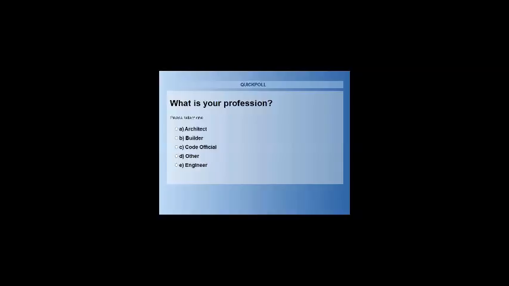Absolutely. All right. So our first poll question, as always, is what is your profession? Are you an architect, builder, code official, other, or an engineer? You can see I actually had to do these a little bit alphabetically. I'm going to give you about another 5 to 10 seconds.